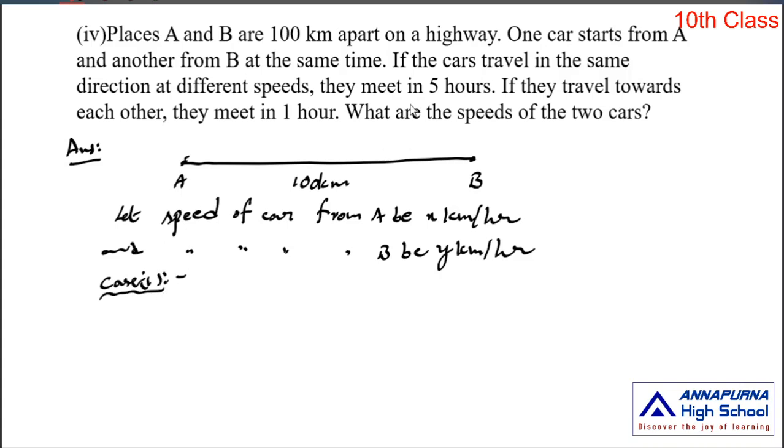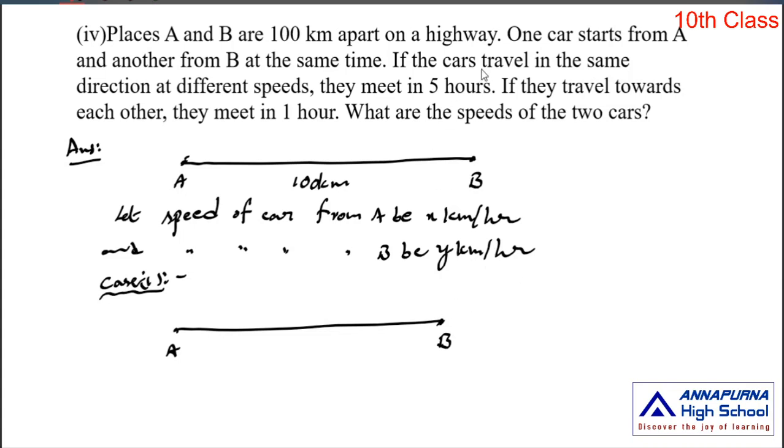Here what is the first case? If the two cars travel in the same direction at different speeds, they meet in 5 hours. So this is place A and this is place B, and from A one car starts with x kilometers per hour speed and from B another car starts with y kilometers per hour speed.